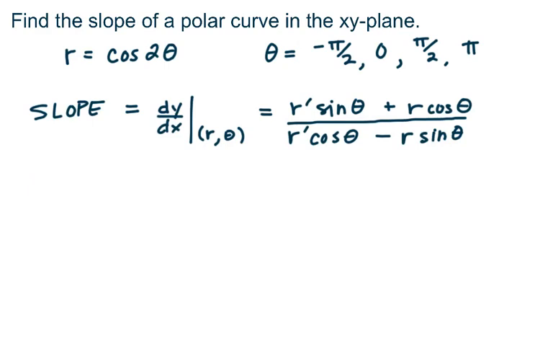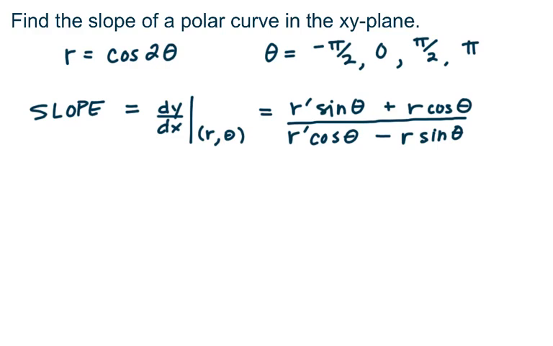I've rewritten our formula here: dy/dx, the derivative of y with respect to x, at any point (r, theta) is defined as r prime sine theta plus r cosine theta, all divided by r prime cosine theta minus r sine theta.